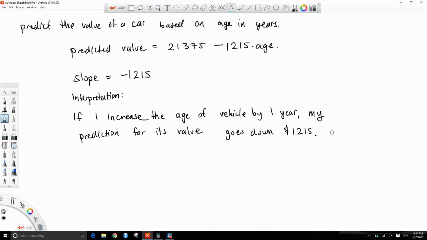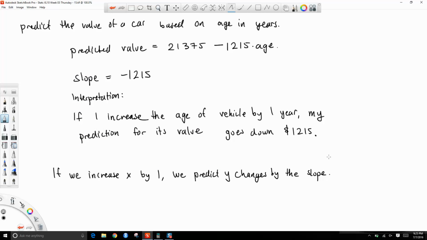Does that make sense for the interpretation of the slope? If we increase x by 1, we predict y changes by the slope. That's the slope.